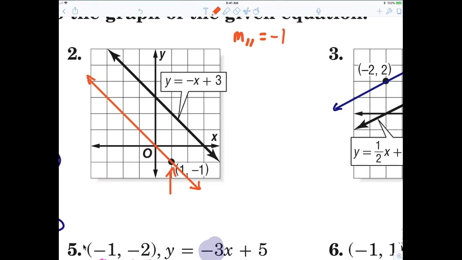Everybody okay with that? Now, if that's parallel, what's the y-intercept? Someone, what's the y-intercept? You're supposed to be able to look at the graph and tell me. Aspen, what is it? -1. Are you sure? The y-intercept.